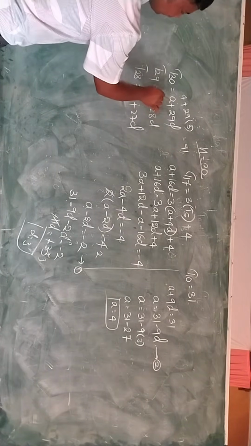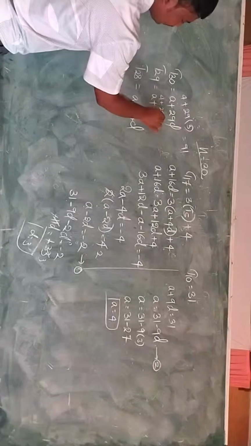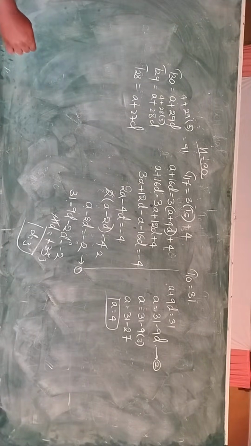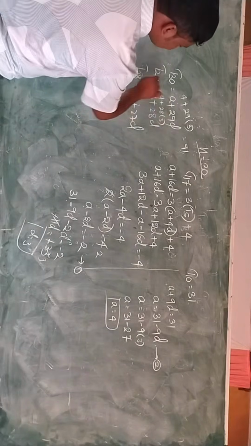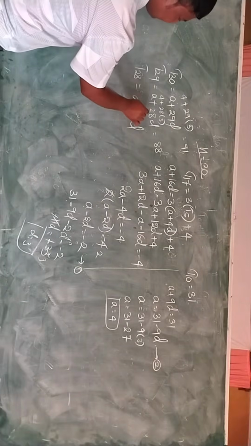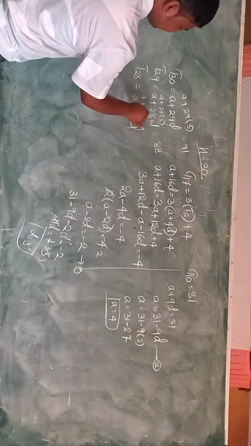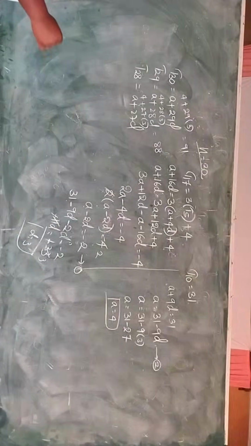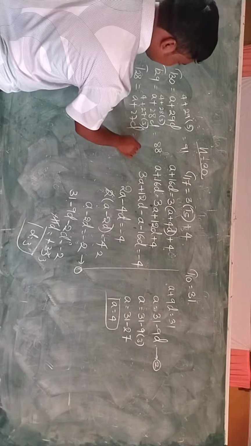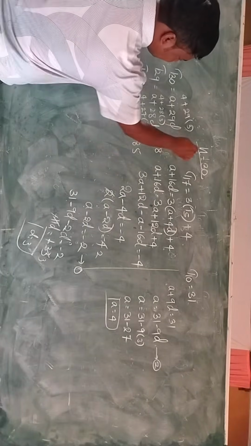Then 4 plus 28 into 3. 28 3s are 84, 84 plus 4 is 88. Similarly T28 is 4 plus 27 into 3. 27 3s are 81, 81 plus 4 is 85. So the terms are 85, 88, 91.